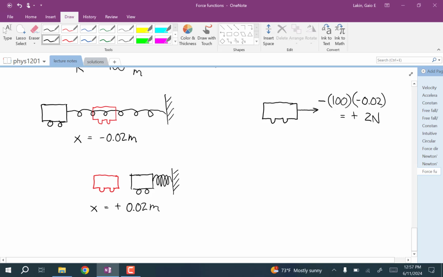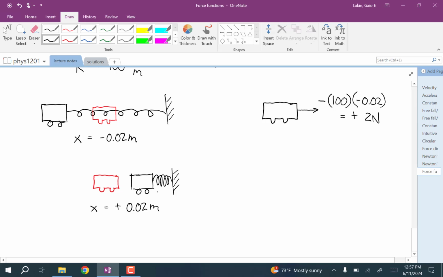What direction do we expect this force to be that the spring's applying? The spring's always trying to push back to its resting length. And so we would expect this spring to push this cart back to the left, in the negative direction.